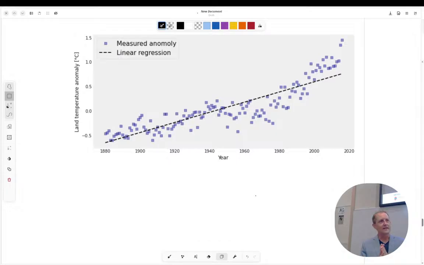When you look at this, there's a dotted line called linear regression, and then a whole bunch of dots of the land temperature anomaly. What do we get out of this information? I'm skipping all the work we did to get here, just to see what was the point. Why do this to begin with?